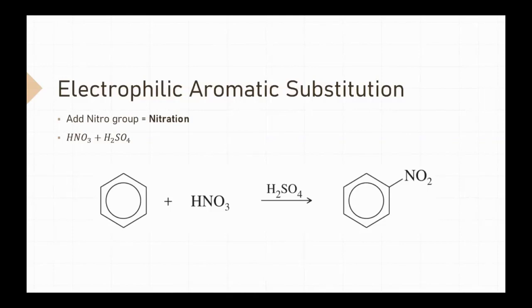So this H2SO4 will turn this into an electrophile, or more positive. Sulfuric acid will donate a proton to HNO3, making this positive and attracted to one of the double bonds here, making that NO2.